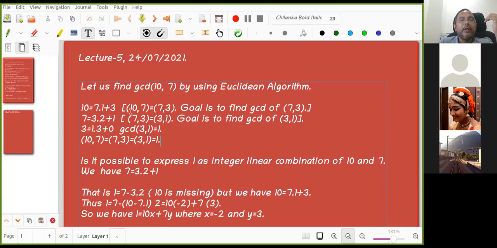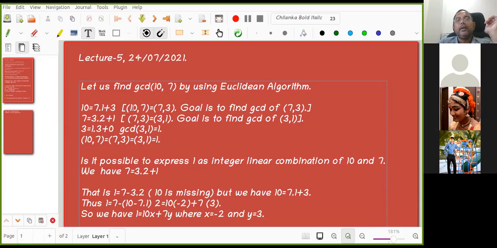How can you do it? I'll first write 10 is equal to 7 into 1 plus 3. I apply the division algorithm, and we know that the GCD of 10, 7 is equal to the GCD of 7, 3, because we proved that D10 intersection D7 is equal to D7 intersection D3.